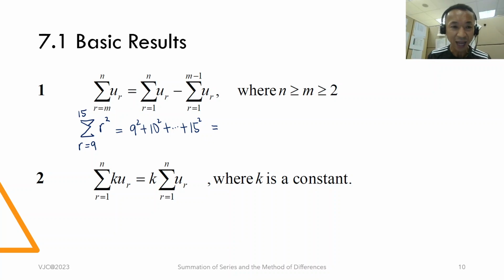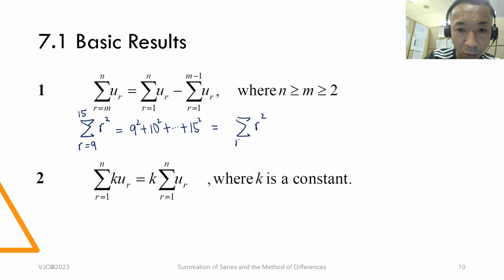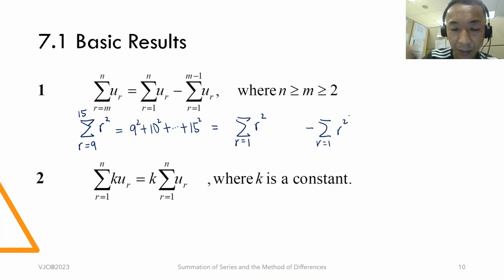Right. Sometimes it may be necessary to express this kind of summation, let's say starting from m, which is 9 in this case, as a difference of two summations. That means you want to express this as a difference of something from r equals 1 minus r equals 1 of r squared.